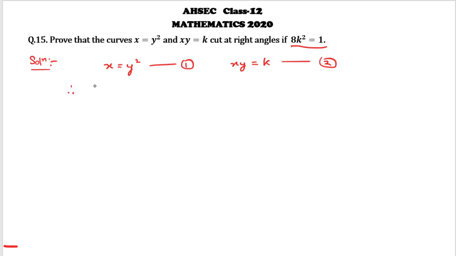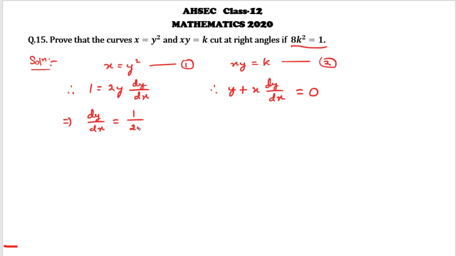So differentiating this with respect to x, I get 1 equal to 2y dy/dx. Differentiating the second with respect to x, I get y plus x dy/dx equal to 0 since k is constant. From here I get the value of dy/dx equal to 1 by 2y, and from here dy/dx equal to minus y by x.